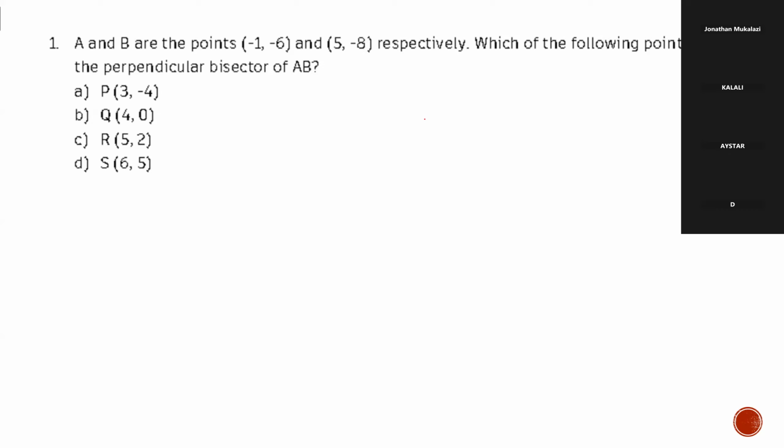So we can easily get its equation. First we'll get the coordinates of the midpoint of AB.